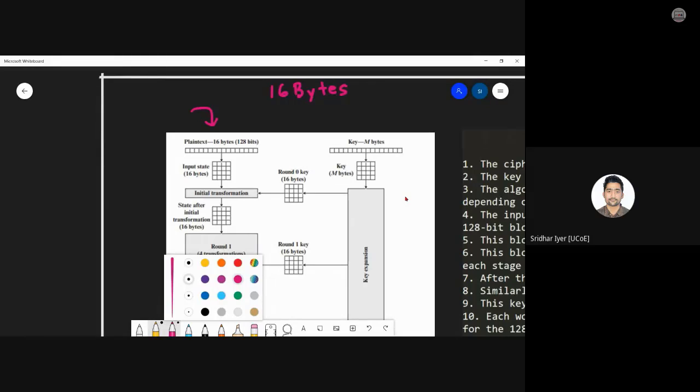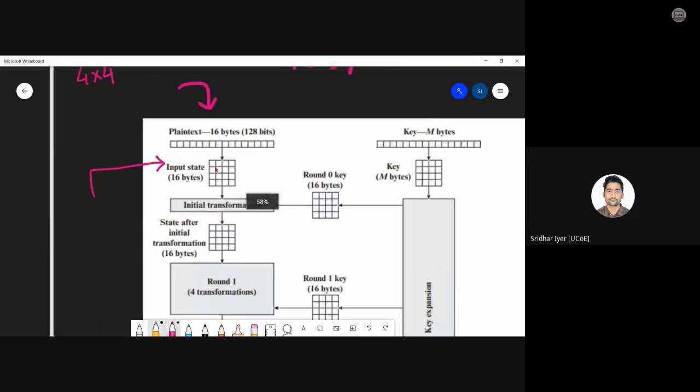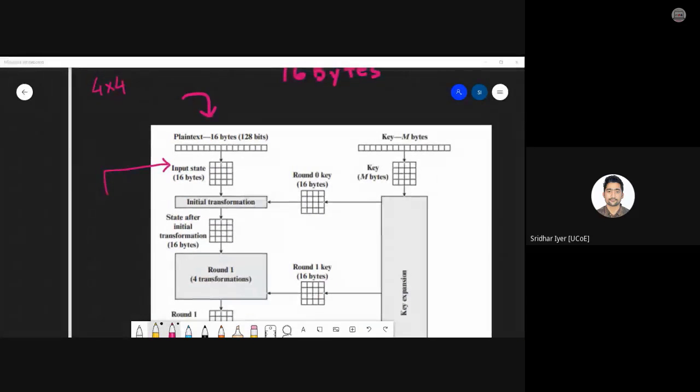So I can divide those 16 bytes into a 4 by 4 matrix. This is what we call the input matrix or the input state, which is of size 4 into 4, where each cell of this matrix is nothing but 1 byte. Is it clear? This is what we call the state array or the state matrix.